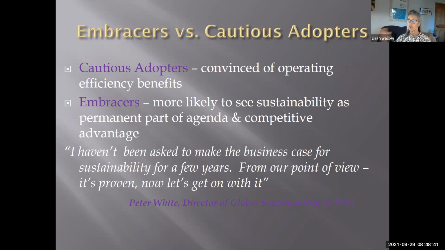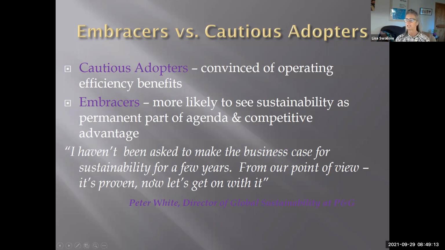Whereas a cautious adopter, which is what we're really going to be talking about today, the reticent board or the manager that's not quite sure, or the small business owner in a conservative rural area, maybe that thinks it's kind of hippie or whatever. We need to be able to talk to them very concretely about how they're going to save money or expand markets or become more competitive by embracing this idea of sustainability.